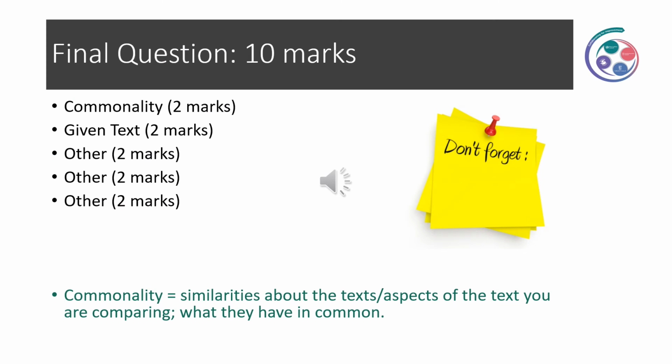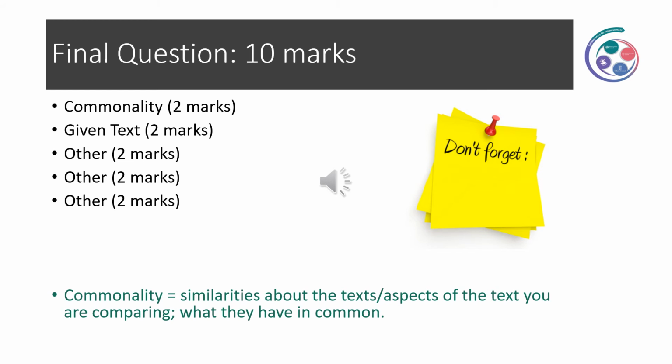Now let's look at how the 10 marks are allocated, and in Higher English the marks are allocated in a very specific way. It's a really good idea to use bullet points and to have 5 of them and to know that each of these bullet points is going to be worth 2 marks. So you have 2 marks for commonality, and that is similarities about the text or aspects of the text you're comparing, in other words, what they have in common.